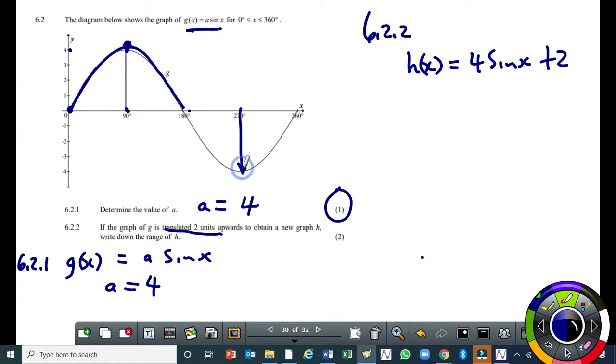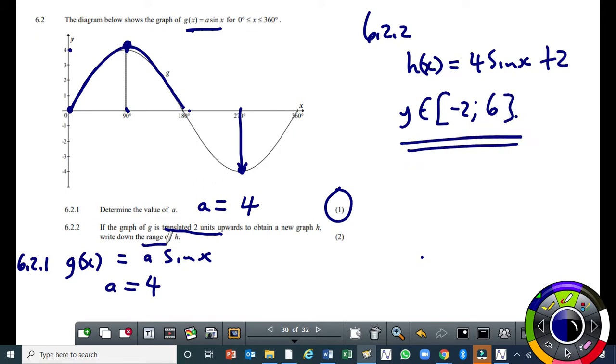And this point will become y equal to what? -2. -2, thank you. So when you calculate the range now, your range here is going to be y is an element of, starting from -2 to 6. Then you are done, because we are talking about range.